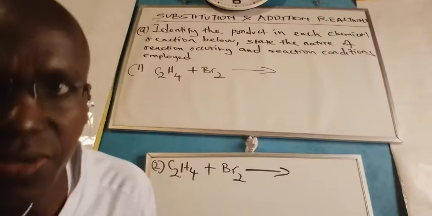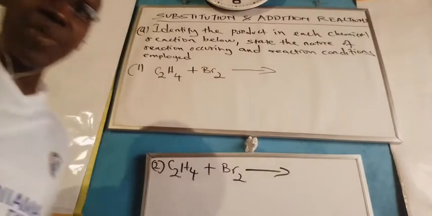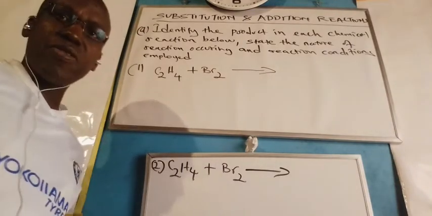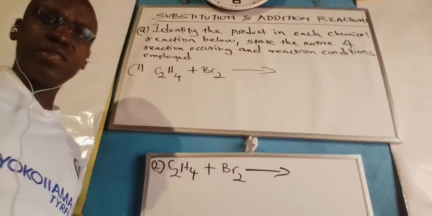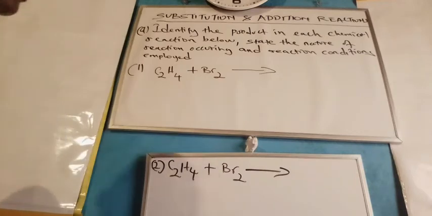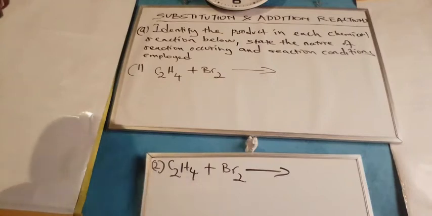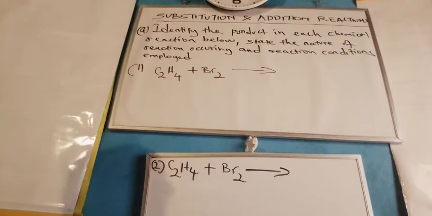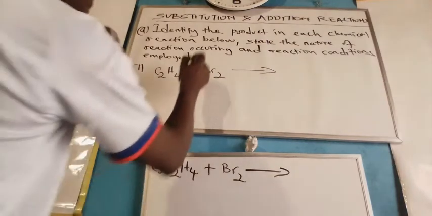So, as you've heard, we are going to compare and determine what type of reaction occurs and then proceed to represent the procedures. First, you are told to identify the product in each chemical reaction below and state the nature of reaction occurring and then the reaction conditions employed thereon.